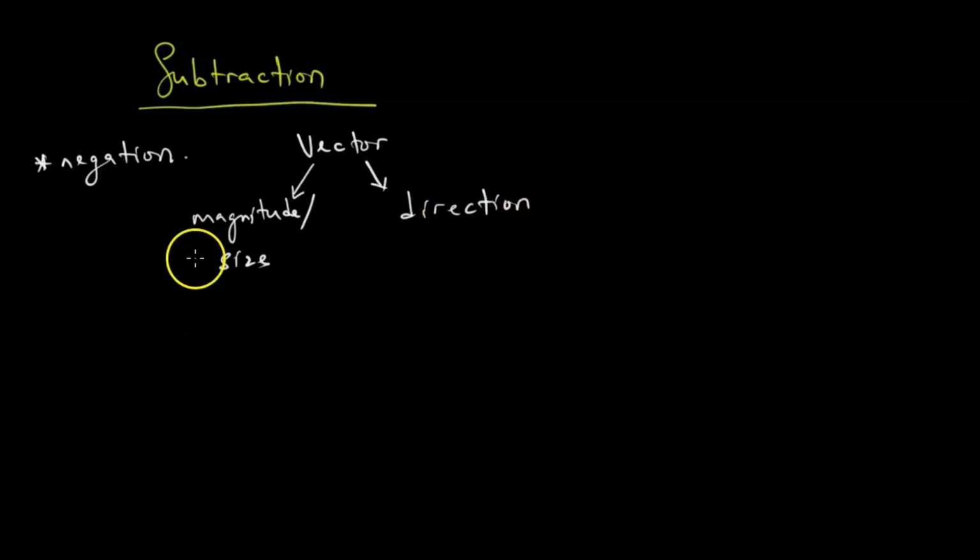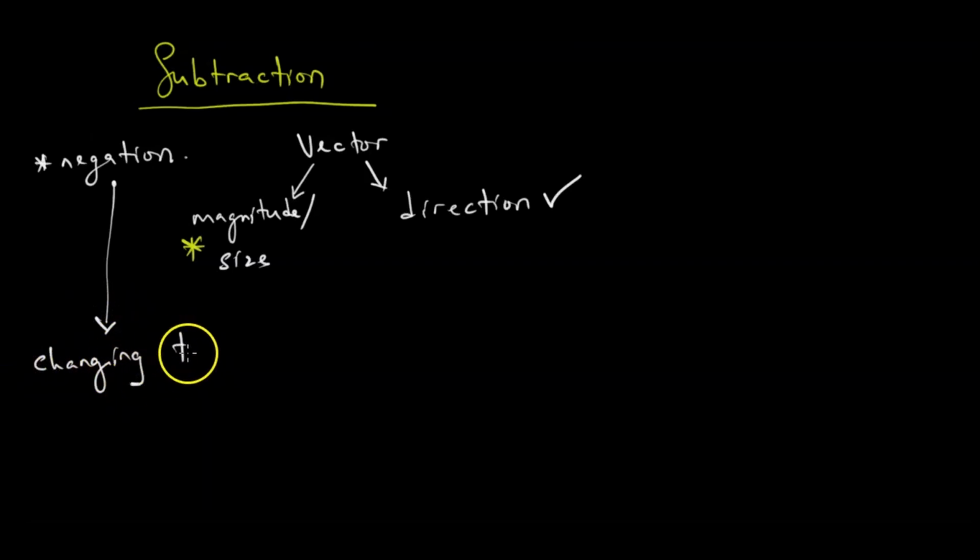In our previous subtopic, we dealt with the magnitude. We saw that it is found through the Pythagoras theorem, and how we apply it. Here we now have an interest in the direction. So I want you to grasp the word negation, because I will use it many times. The word negation simply means changing the arithmetic sign of a number.